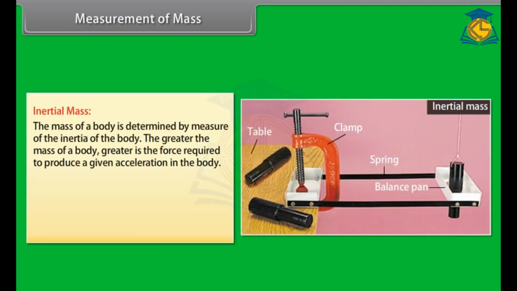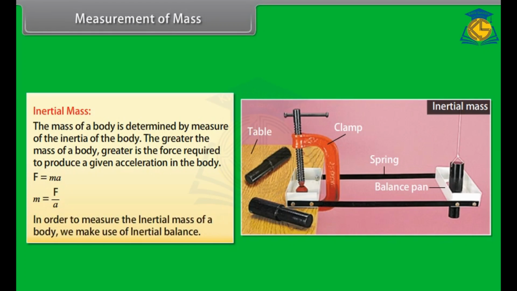The mass of the body is determined by measure of the inertia of the body. The greater the mass of a body, greater is the force required to produce a given acceleration in the body. F is equal to ma or m is equal to F upon a. Thus, a very heavy body has a larger inertial mass than a light body.